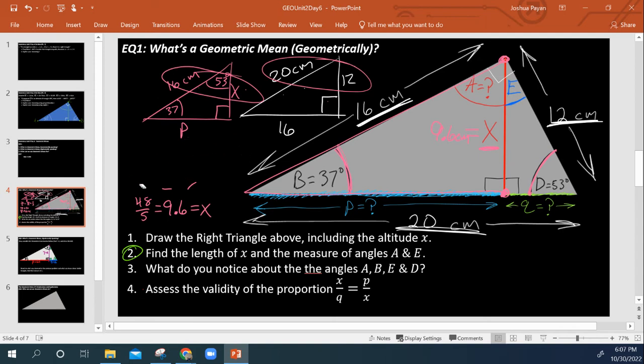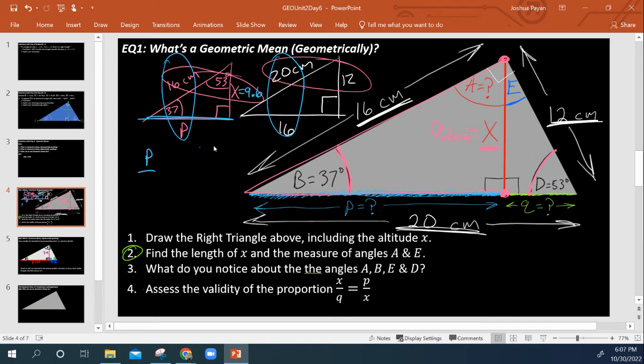Now that we have that, let's look for our missing side P. P right here is the same side length here on our pink triangle. Now that we know this is 9.6, we can use the Pythagorean theorem or we can use proportionality again, namely hypotenuse to long leg as hypotenuse to long leg. That's what we'll go ahead and do.